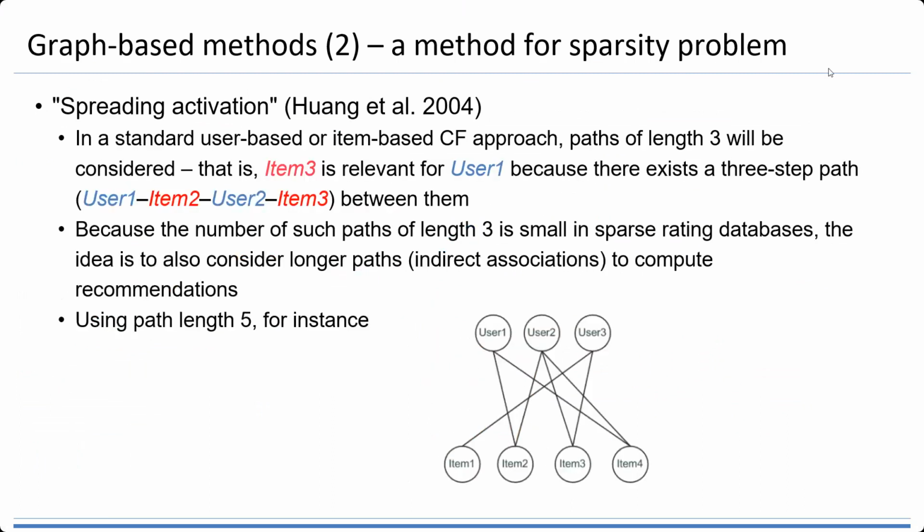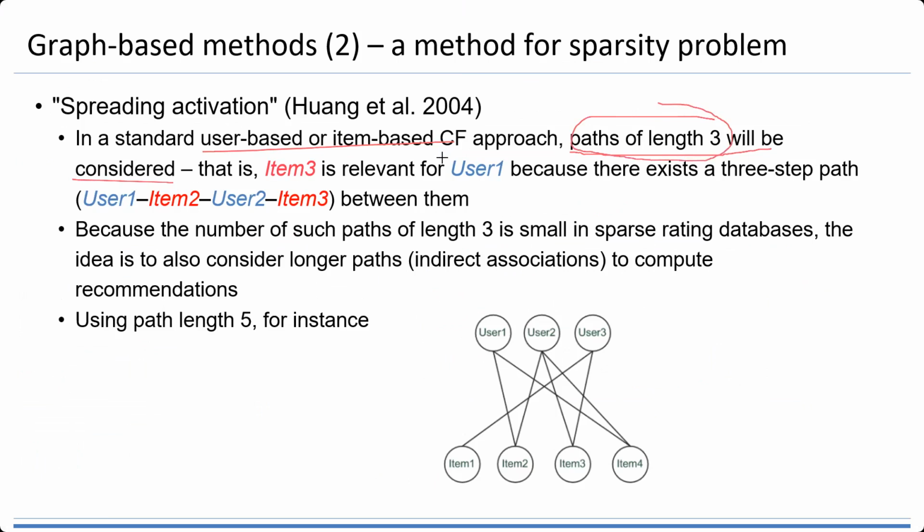Now, in a standard user-based or item-based CF approach, paths of length 3 will be considered. What does it mean by path of length 3?